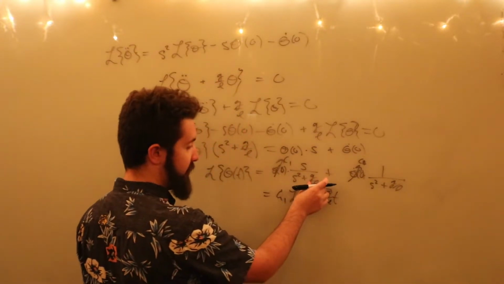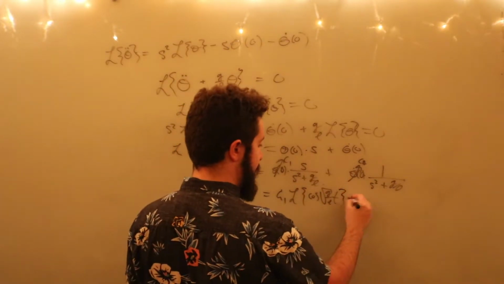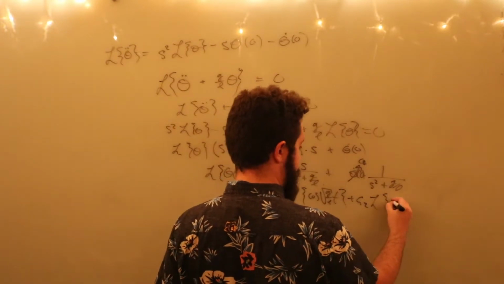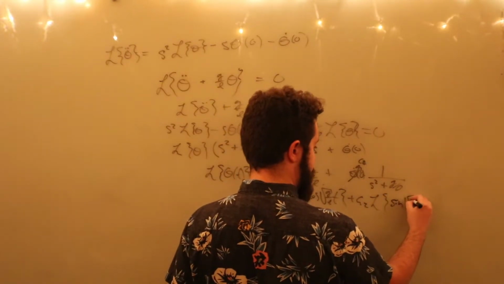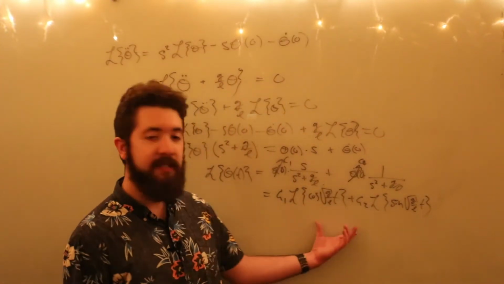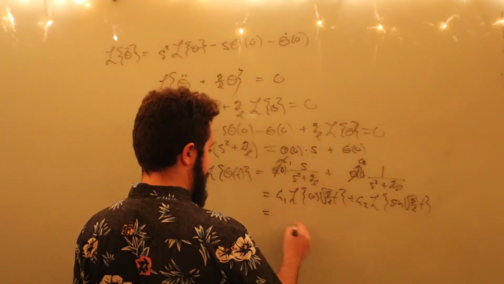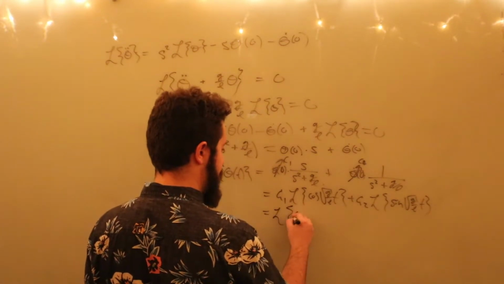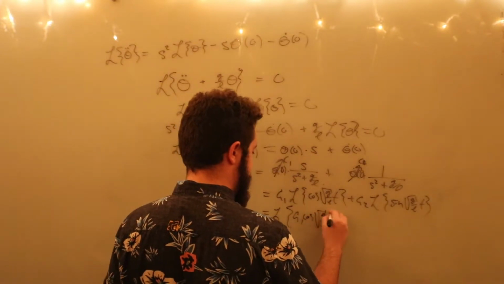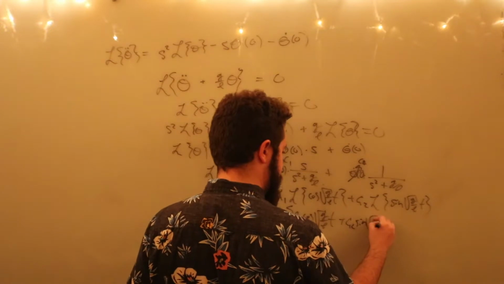It's whatever square root of this is, right? We'd have a squared constant in the bottom. Plus C2 times the Laplace transform of sine of root g over L t. But since the Laplace transform is a linear operator, we can rewrite this as the Laplace transform of C1 cosine of root g over L t plus C2 sine of root g over L t.